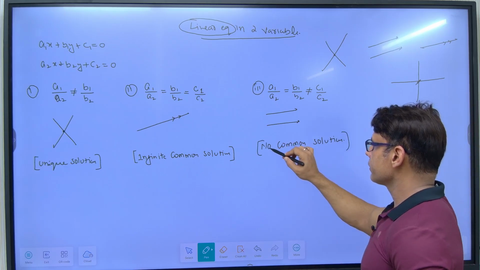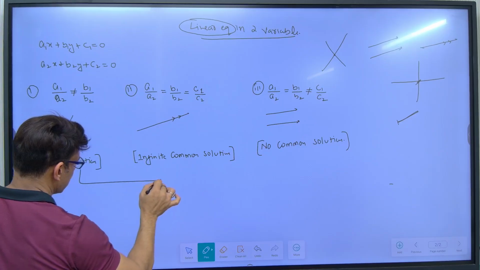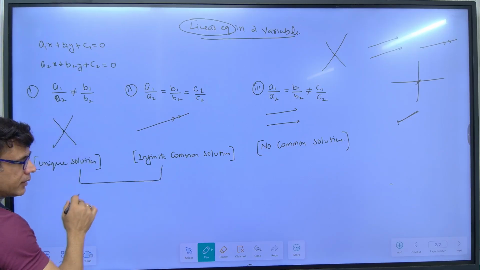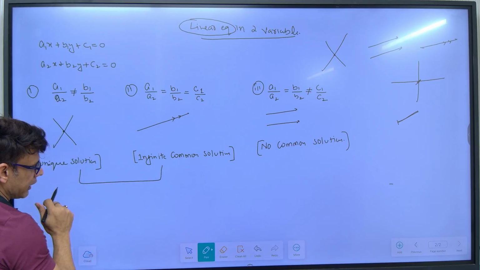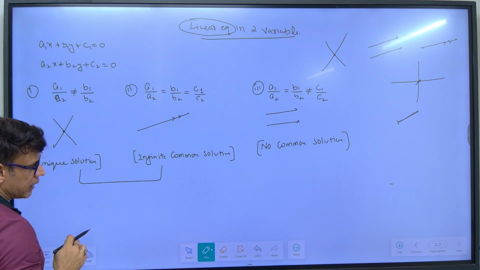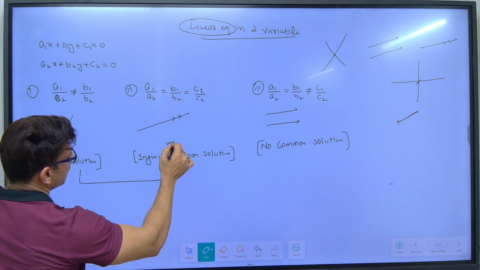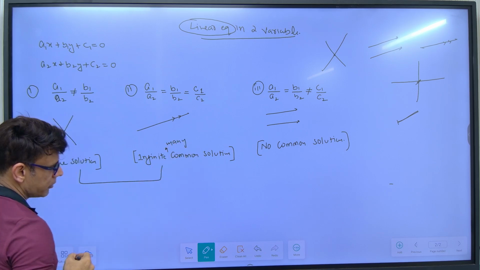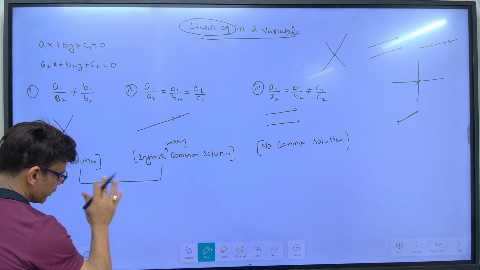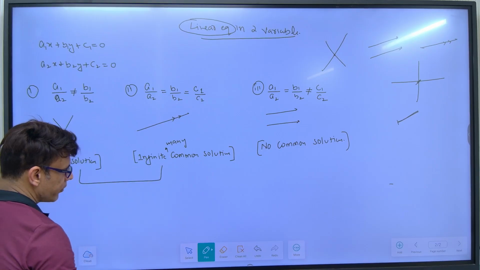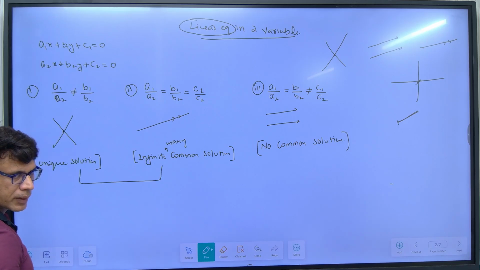Now, in these two cases, suppose the line is giving you one solution or infinitely many solutions, and the third case is no common solution. Do you know what it is called when we have a unique solution or infinitely many common solutions?